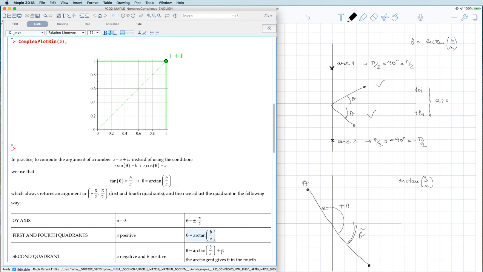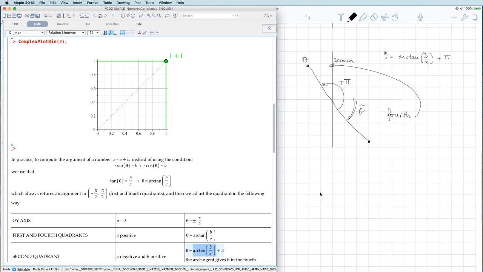I have to add pi. So in this case, my angle is going to be what the arctangent gives me plus pi. Okay, because the arctangent is going to give me a negative value here in the fourth quadrant, and then I add pi to move to the second quadrant. So from the fourth quadrant to the second quadrant.